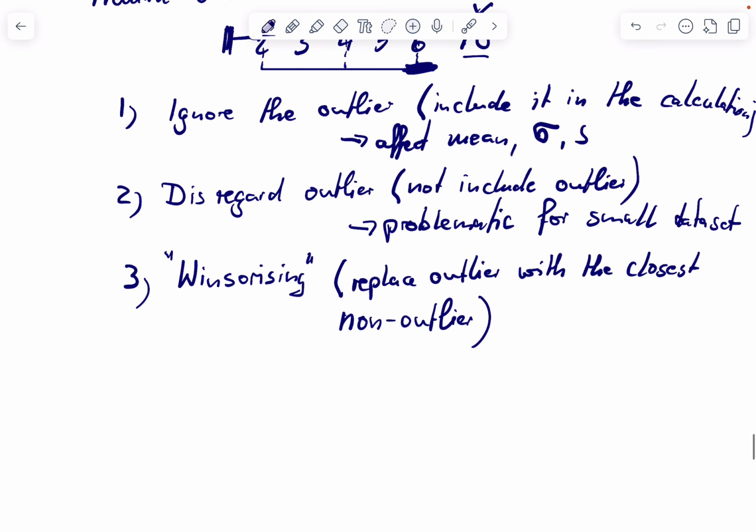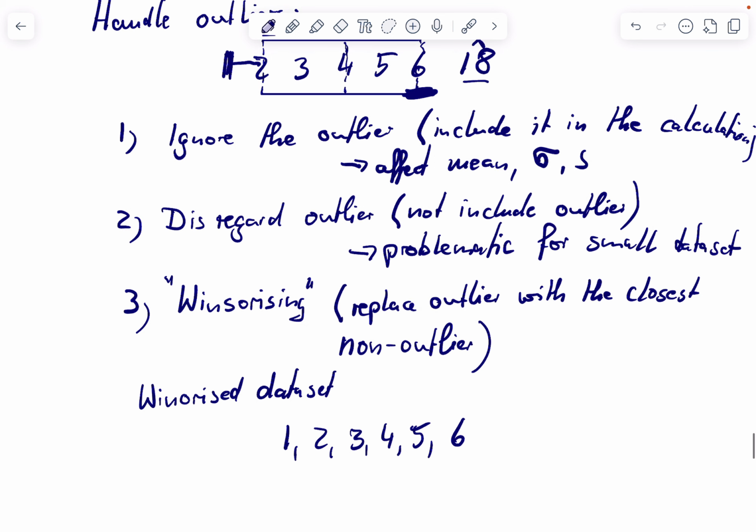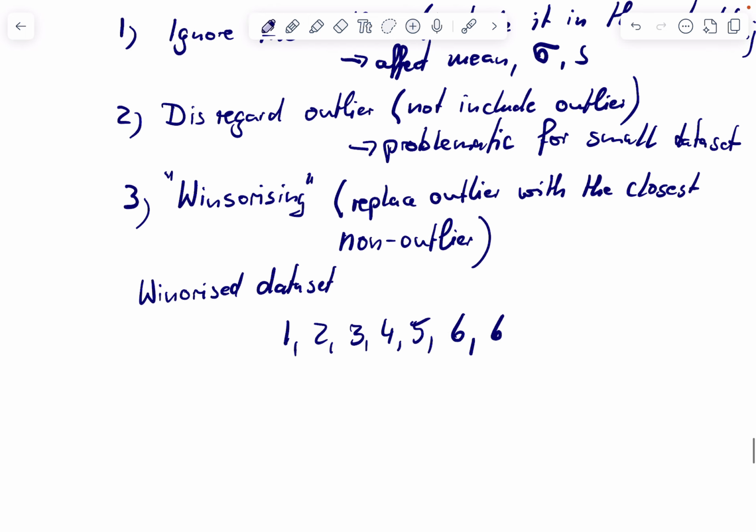So our new data set, the Winsorized data set, with which we can do mean, median, and so on calculations.